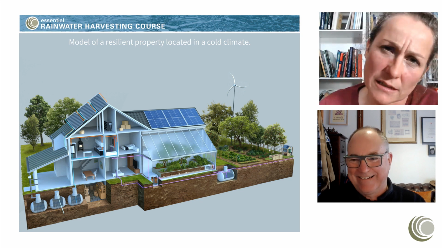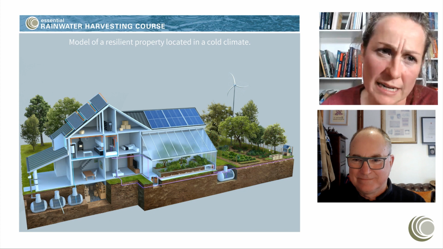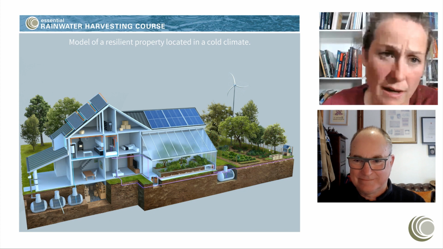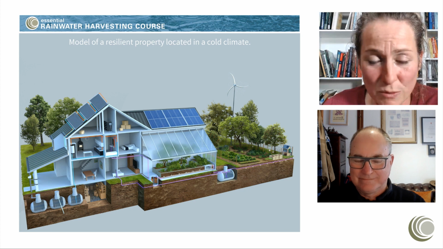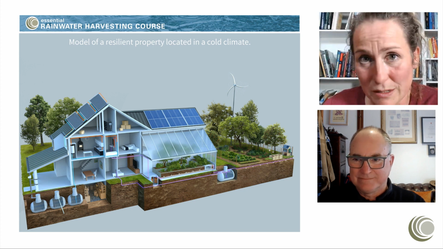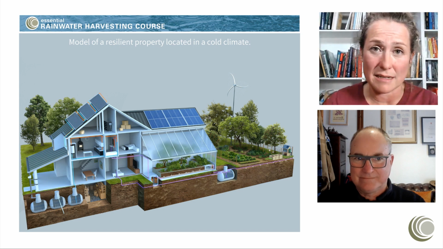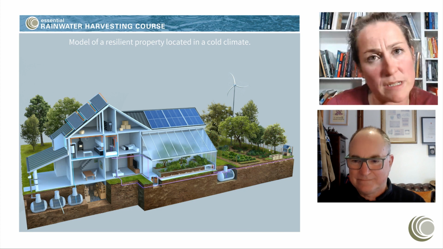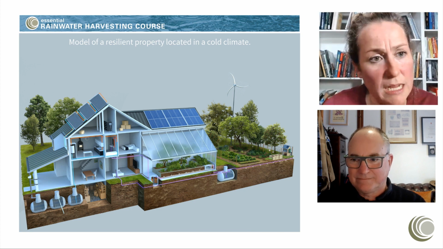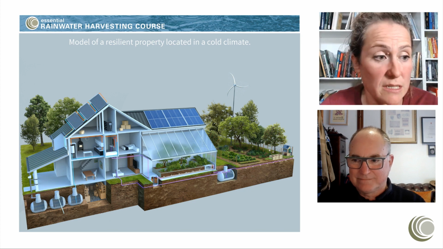I think there are some good examples here where if that drop of rain is the pinball going in the top, in the modern day design, that drop of rain is delivered via probably your mains water or your municipal water system. It's used maybe to wash your hands, and then it leaves the house right into the sewer system. But in the model of this resilient property, that droplet of rain is most likely captured on the roof first, stored in some tank.